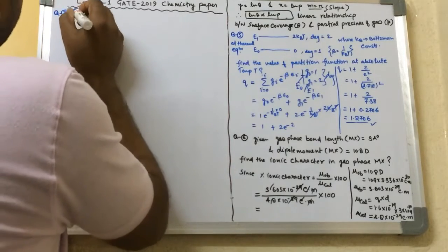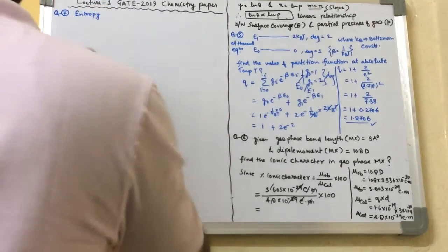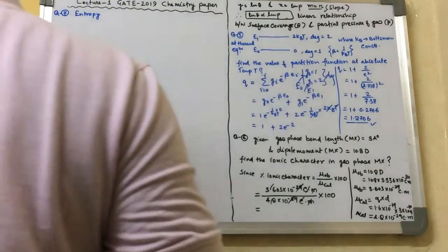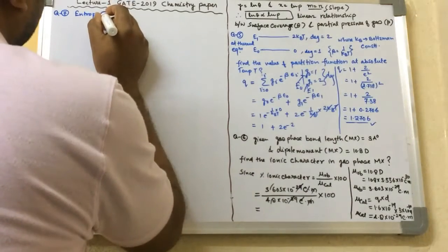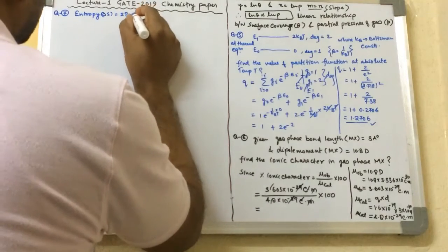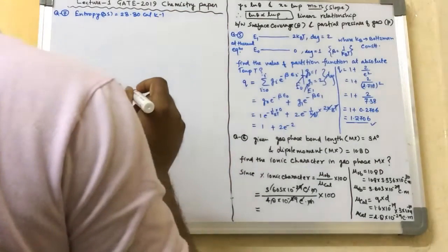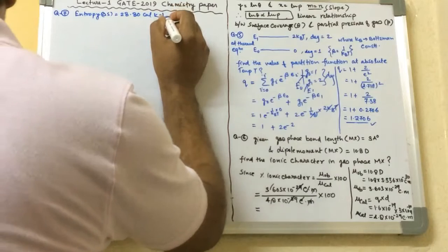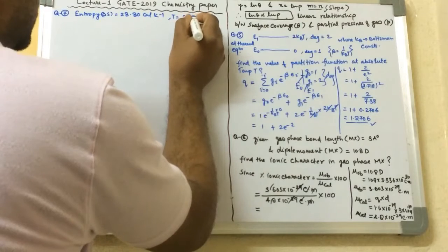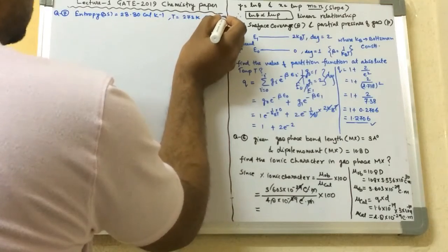So entropy change is given to us, 28.80 calorie per Kelvin, and heat of fusion is given, and temperature is given, 273 Kelvin, and pressure is given, 1 atm.